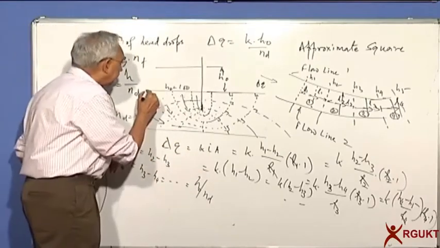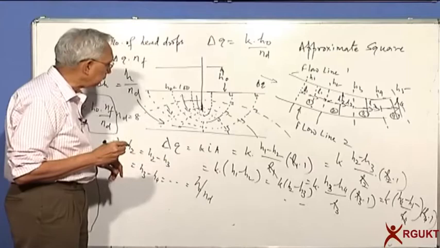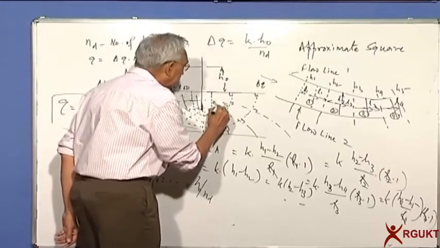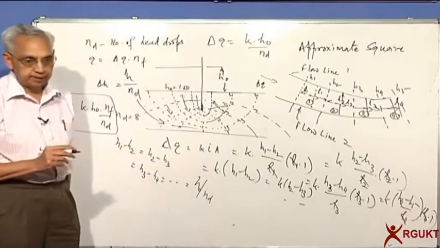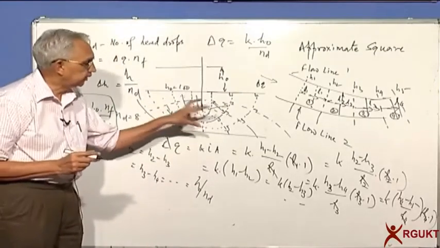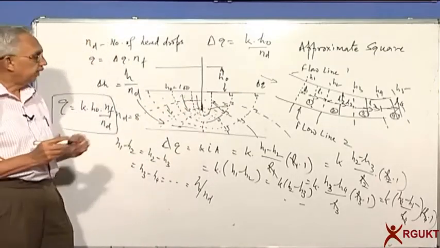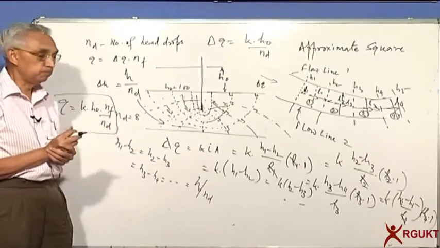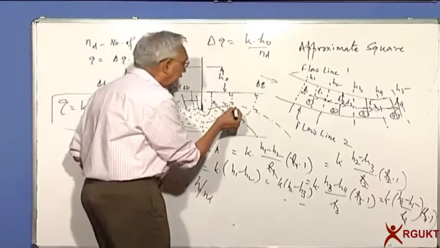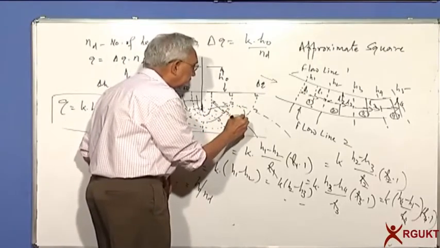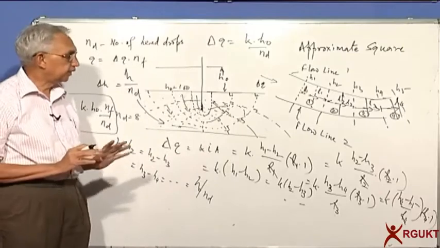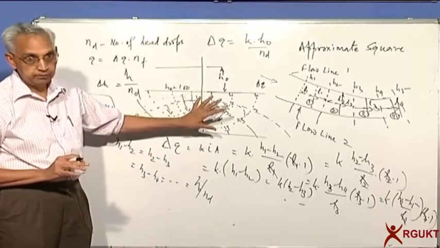Similarly, they take off perpendicular, and the shape of each element is approximately a square, which means the distance between the two sides or midpoints or the diagonals are approximately the same. Or another way would be, I try to fit in a circle which will touch all the four sides. If you can satisfy that, you get a perfect flow net.